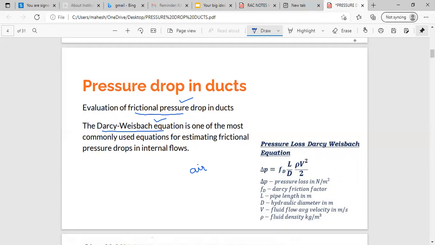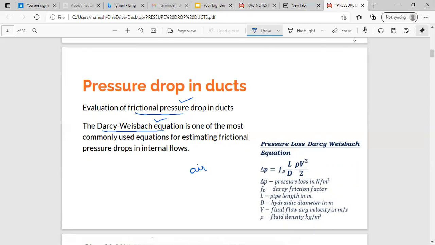So this equation, which is a popular equation in fluid mechanics, helps us estimate the pressure drop in the ducts because of friction. This friction factor is a function of Reynolds number and of the relative roughness of the duct. There is an equation by Colebrook which helps us to calculate this friction factor.